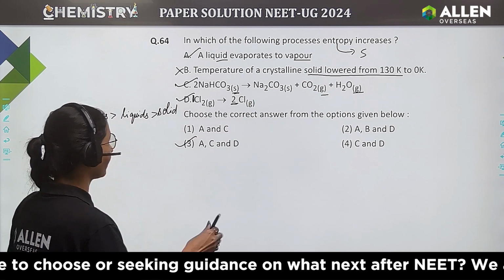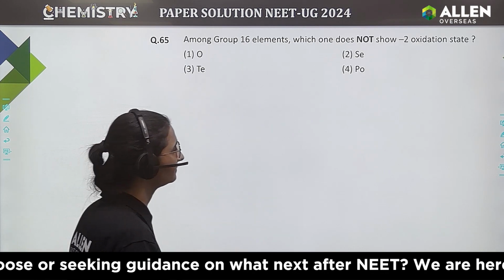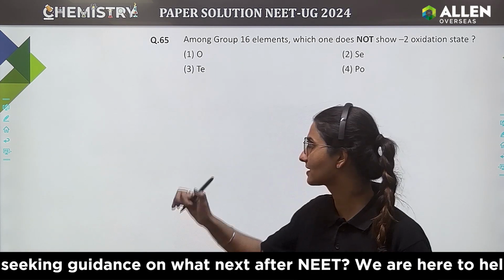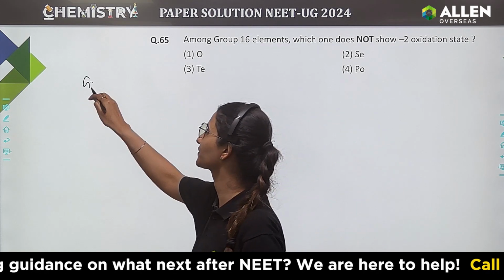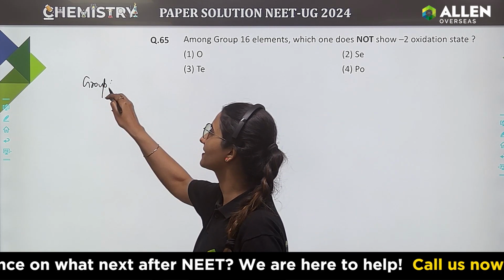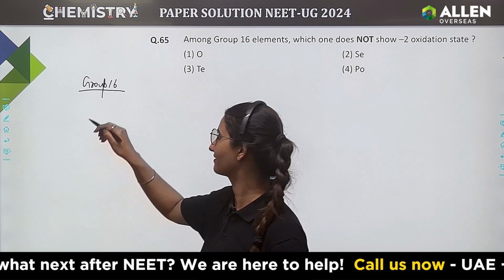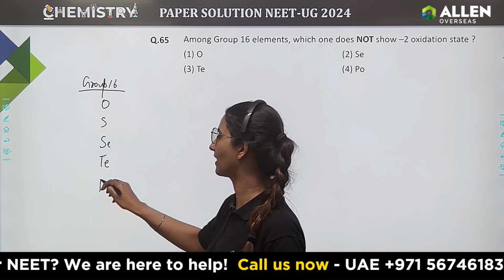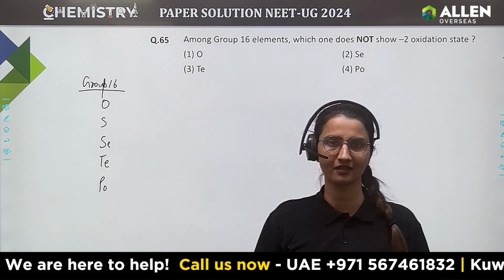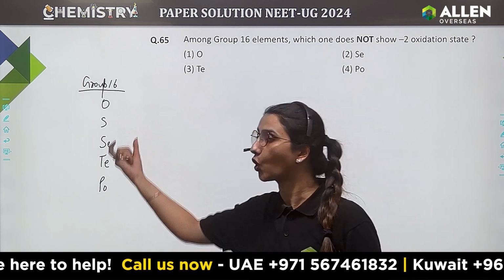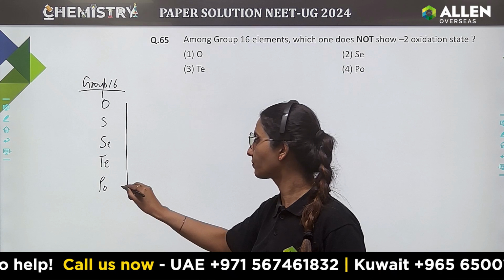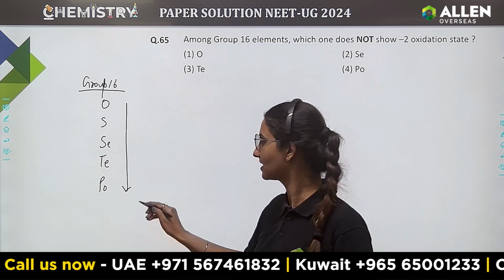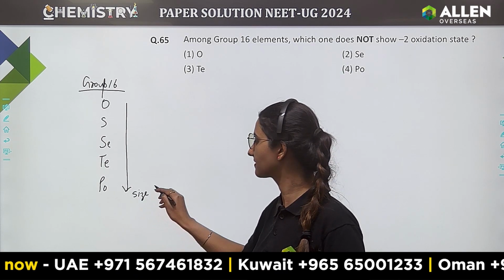Okay, students, next question. Again, very basic. Group 16, I already told you in the previous question, students. In group 16, which elements are there? O, S, Se, Te, Po, right? These elements are there. Going top to bottom, what happens? Size increases.